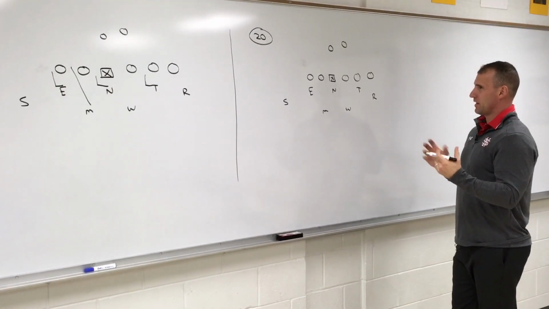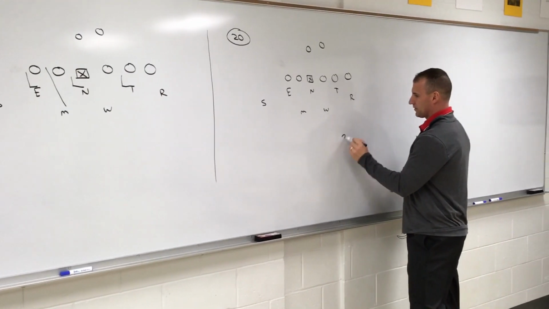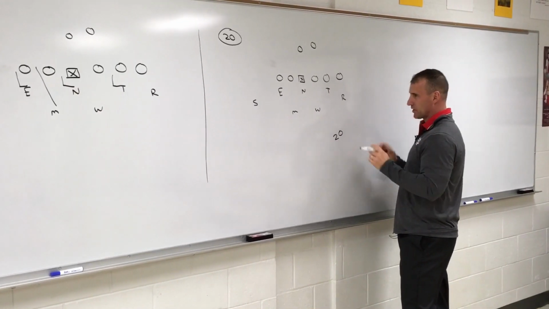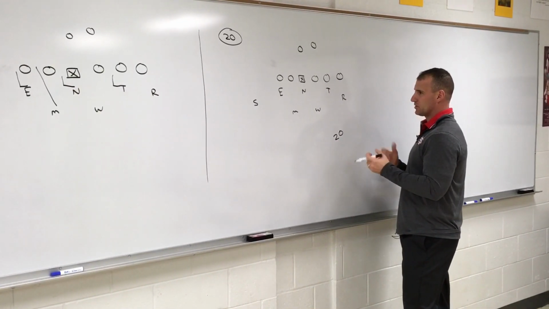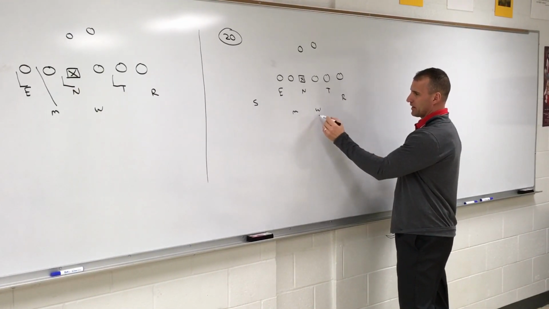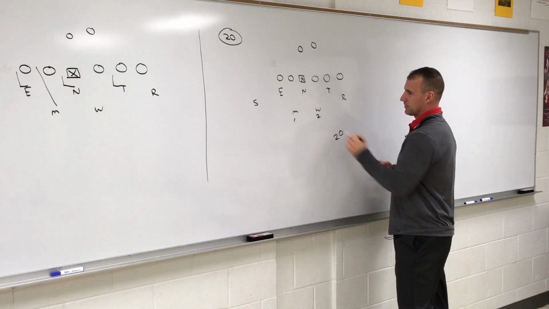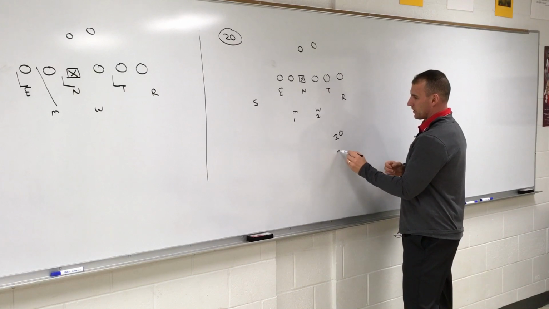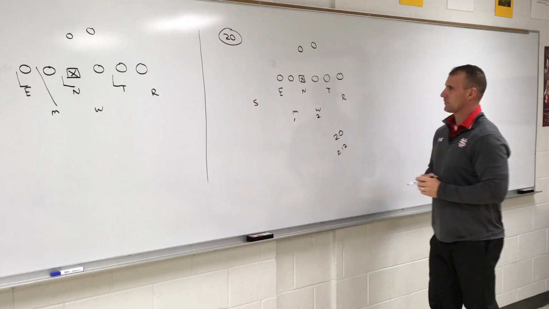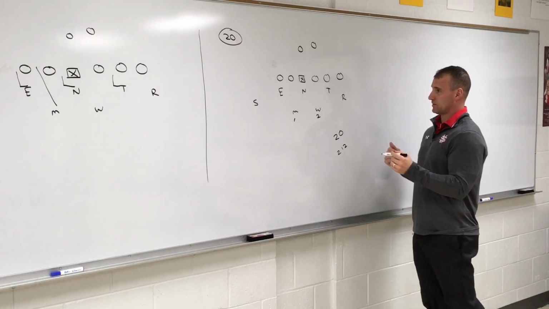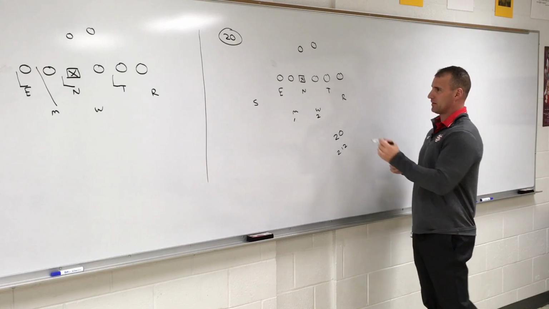So let's say we called it a 20 blitz. The 20 blitz for the week would be to the tight end and maybe the inside backer. Let's just give him a number. Let's say our inside backer, this guy was 1, this guy was 2. So we would call a 2-1-2. What that means is we're going to slant to the tight end and blitz to the tight end.